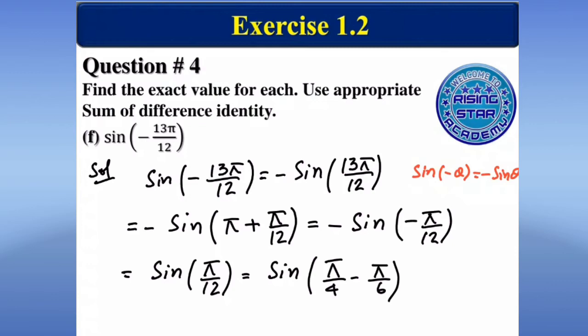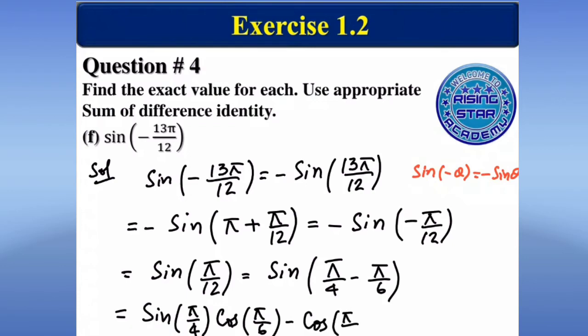So here I will apply the identity sine of a minus b, that would be sine of a into cos of b minus cos of a into sine of b. Now I will simplify.